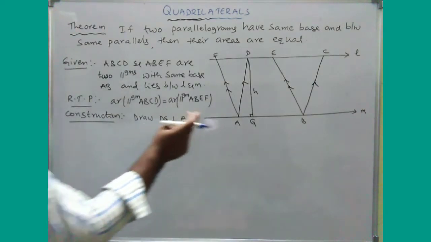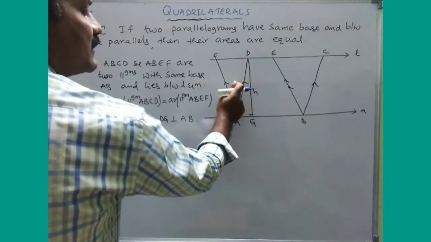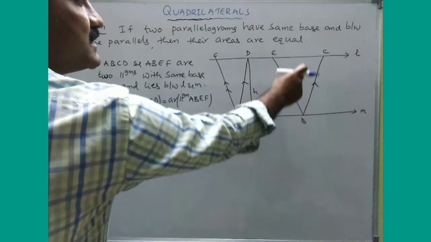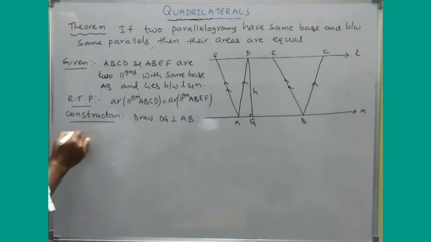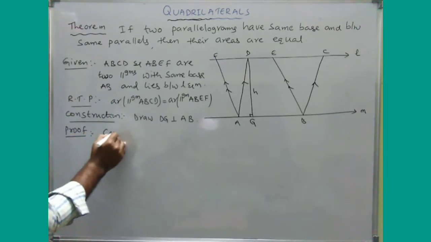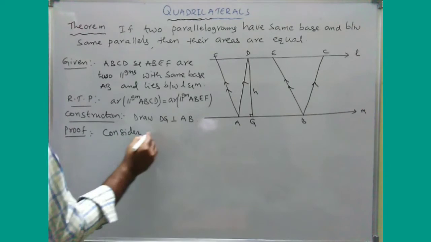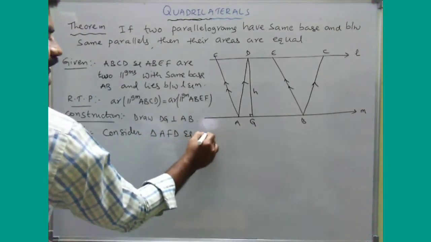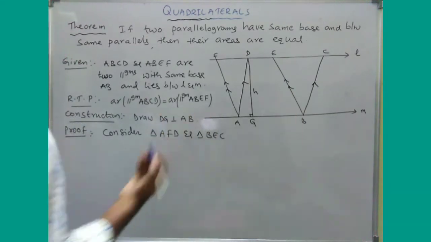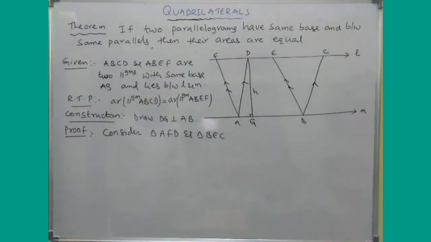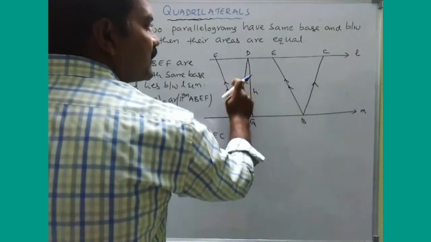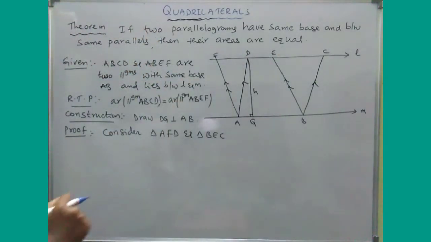Let us consider these two triangles now. One is triangle AFD, another one is triangle BEC. So proof. Consider triangle AFD and triangle BEC. Let us check whether these two triangles are congruent or not.